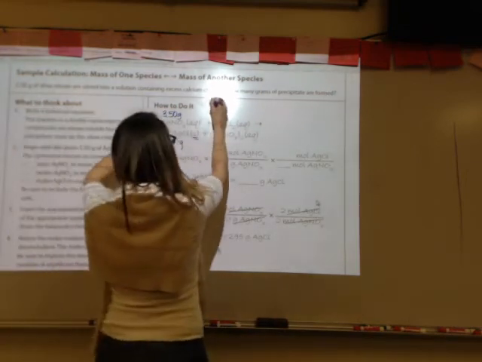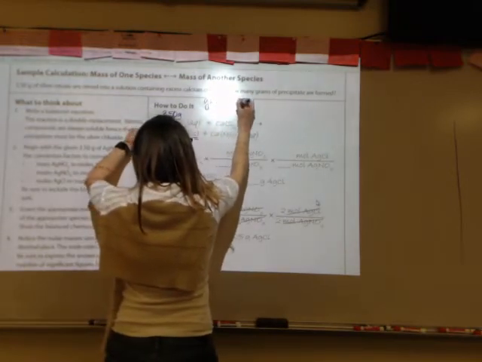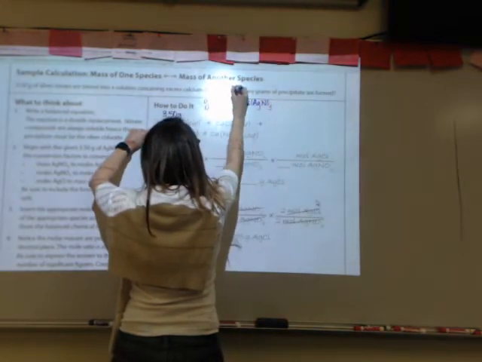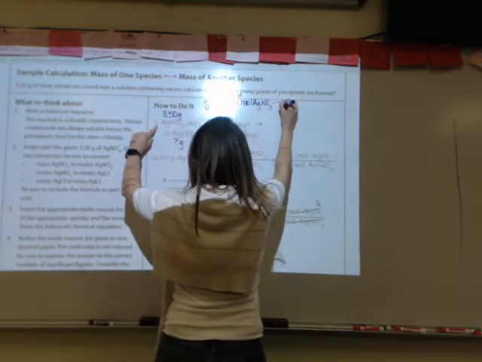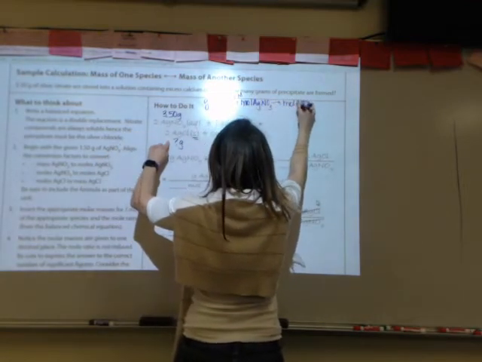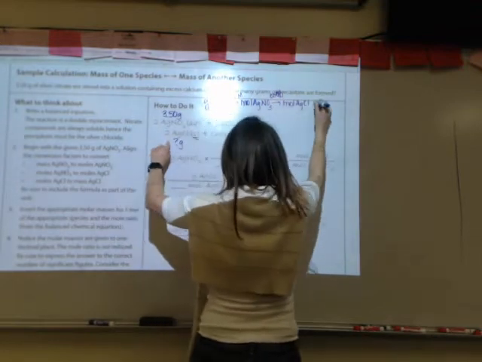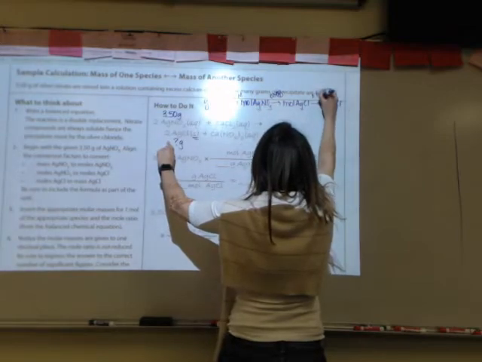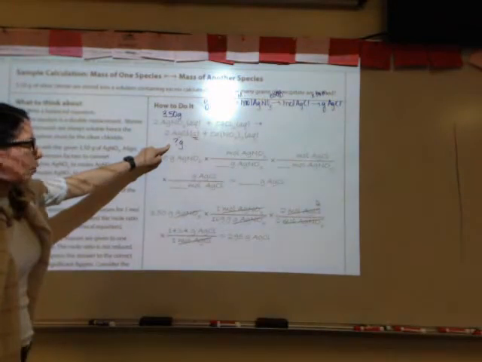You have to convert your grams of silver nitrate to moles of silver nitrate, and we do that by dividing by the molar mass of silver nitrate. Then you'll convert to your moles of silver chloride, and this will be using the coefficients. And then you'll convert to grams of silver chloride by multiplying by the molar mass. So you can see this is a three-step problem.